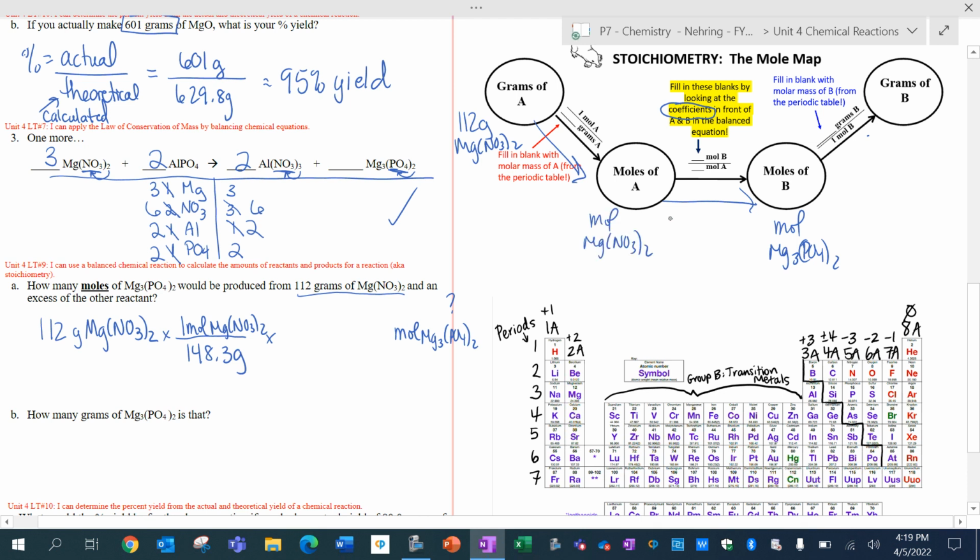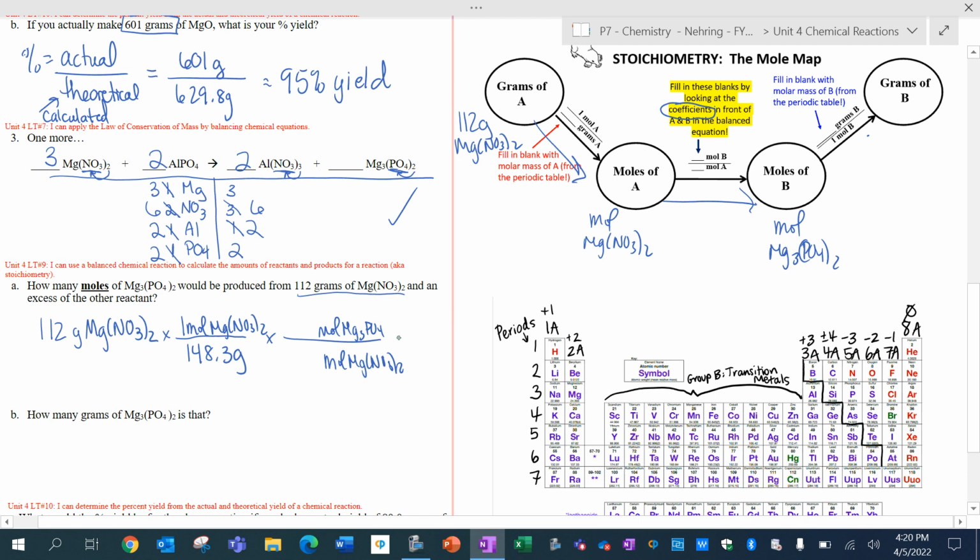Then once we know moles of magnesium nitrate, I can use my mole ratio, which you find using the coefficients. I can use my mole ratio to convert from moles of magnesium nitrate to moles of magnesium phosphate, and that's what I'm trying to find.